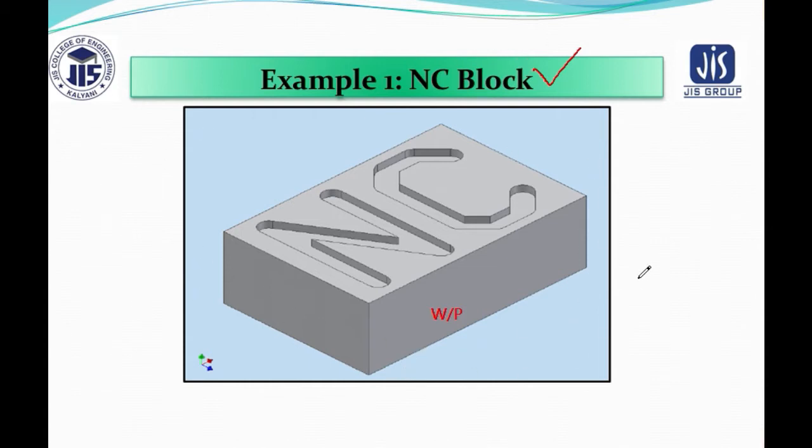I mean to say when you perform the machining by using G code and M code, after completion of the programming, the finished product that you are going to obtain or produce should seem like this.